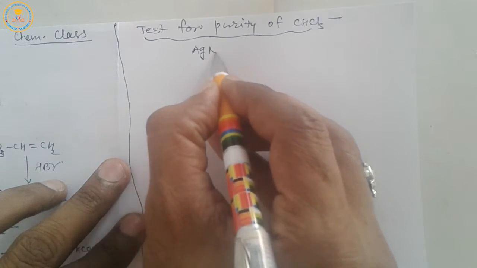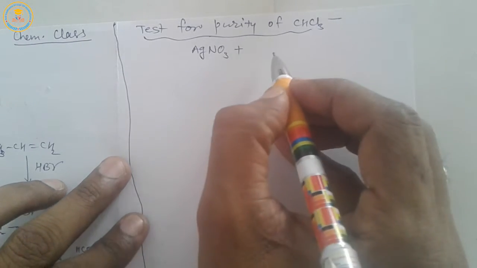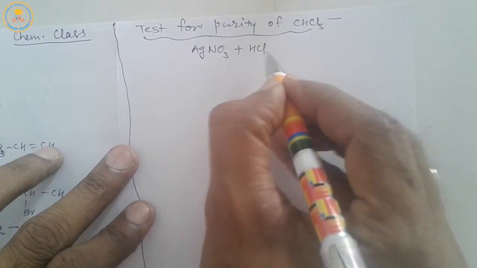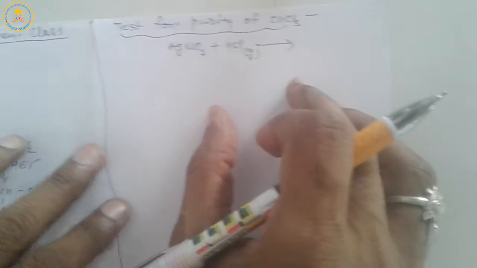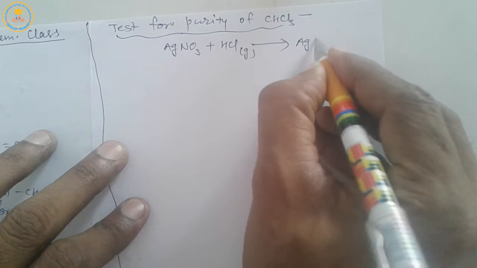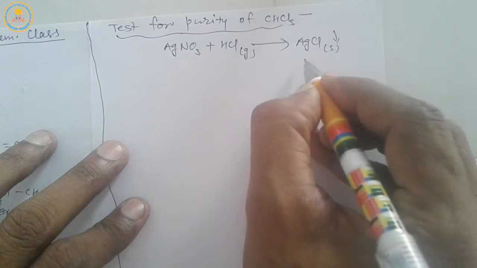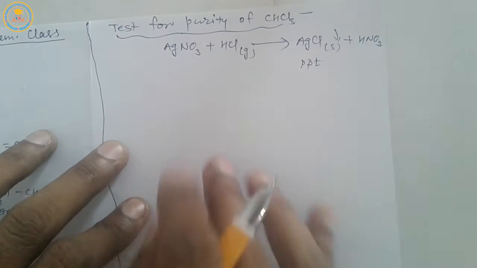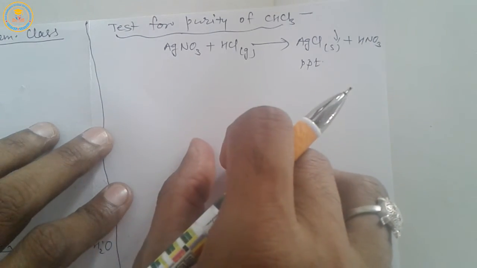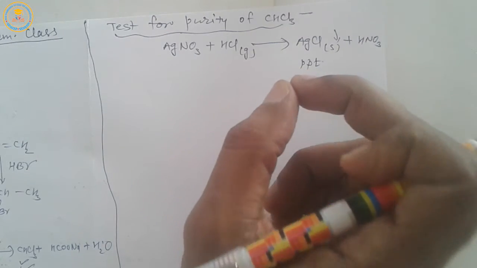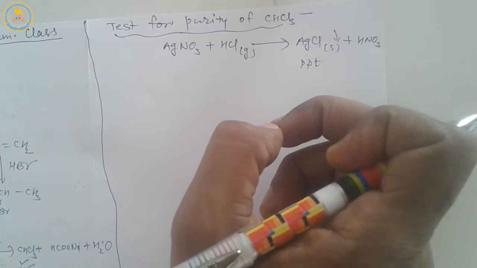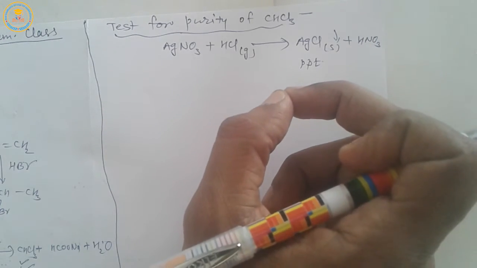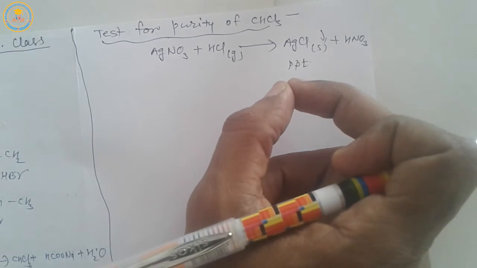So, when AgNO3 solution is treated with impure chloroform which has HCl gas, then a white PPT of AgCl is obtained here after removing of nitric acid. But pure chloroform does not give a white PPT with silver nitrate solution. It is so important for your competition, board examination, and practical examination.